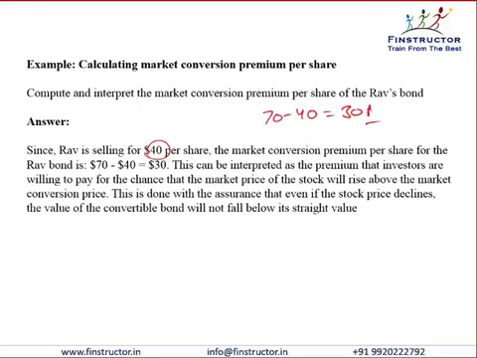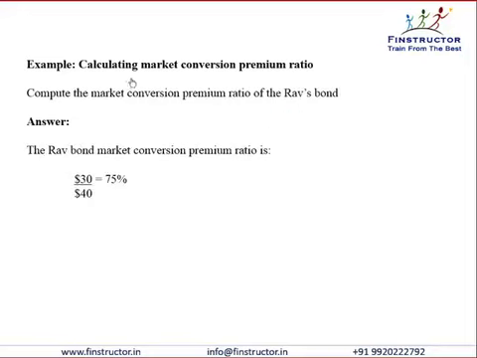The market conversion premium is equal to the market conversion price minus the current market price of the equity. We can similarly calculate the market conversion premium ratio, that is the market conversion premium divided by the current market price.